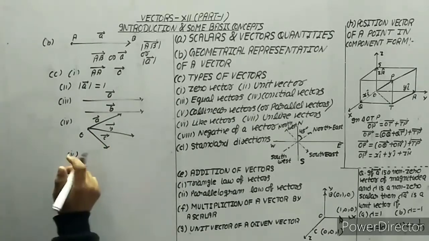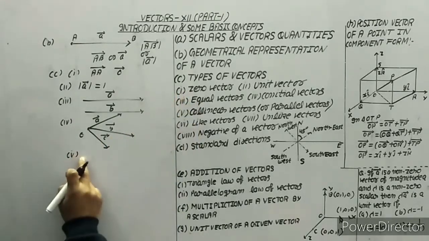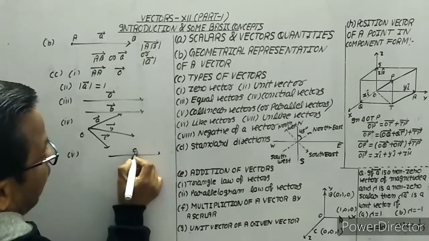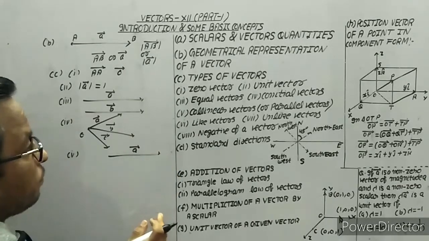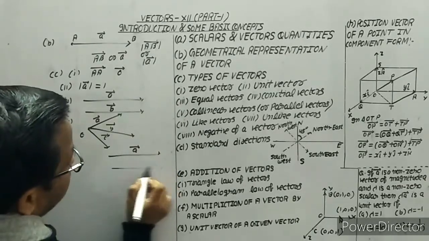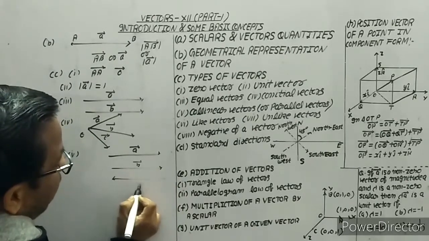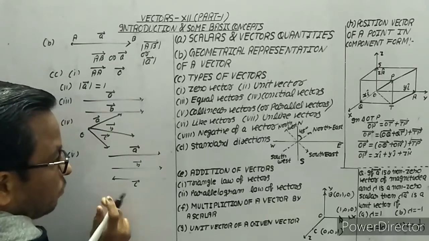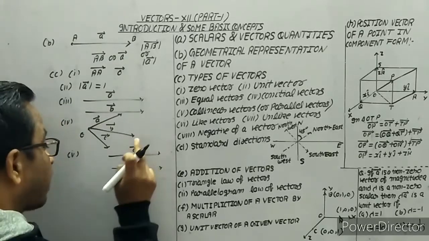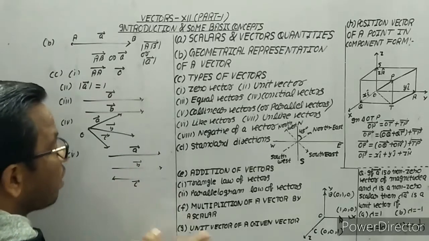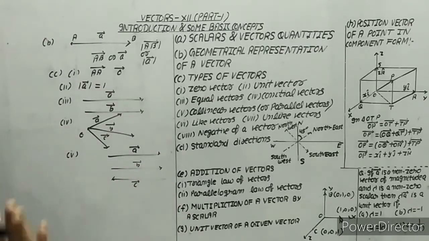Next are collinear vectors or parallel vectors. If we have a vector A and we have another vector B and another vector C, which are parallel to this vector A, then we will say that B and C are parallel vectors irrespective of direction.